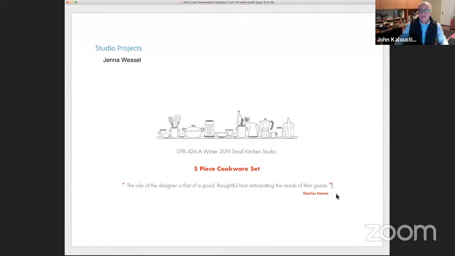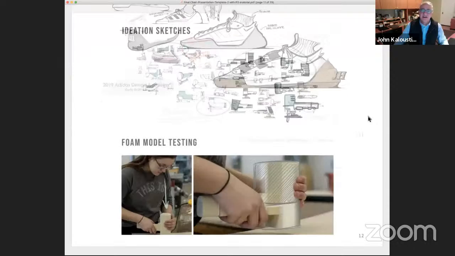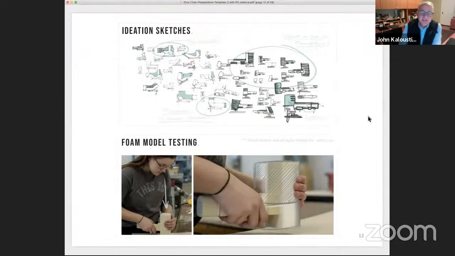Okay, what's next? Oh, wait a minute here. I'm going to keep going here. So this is another project. It was a student that I had, and he works at a design firm now in Boston. But in this particular project, it was for a studio where we designed tools and assistance for the elderly. And so we did a number of different products.